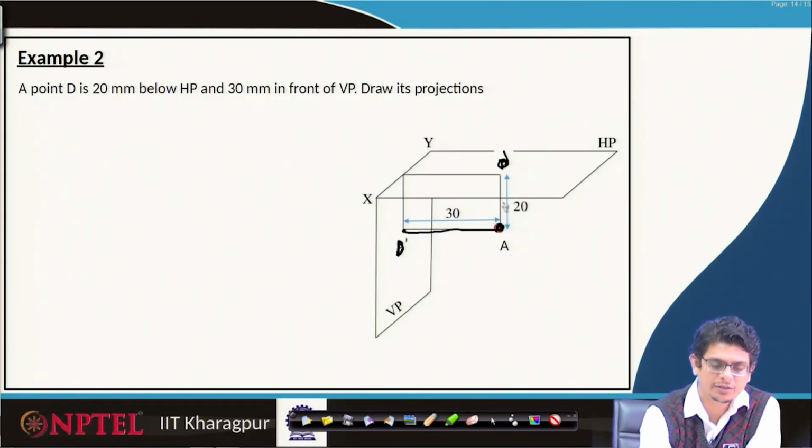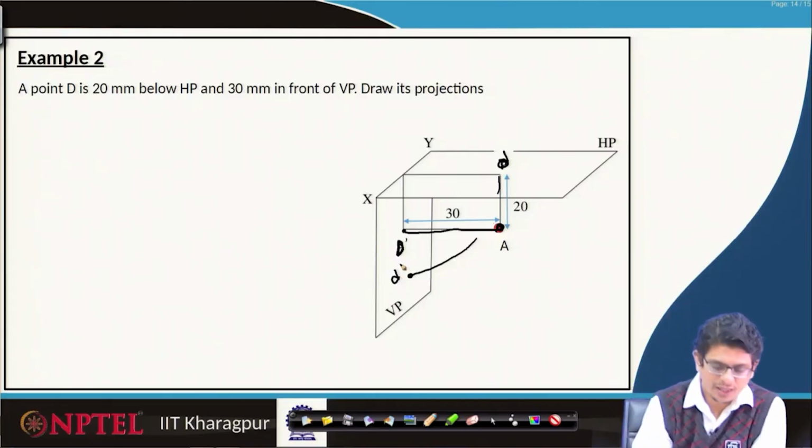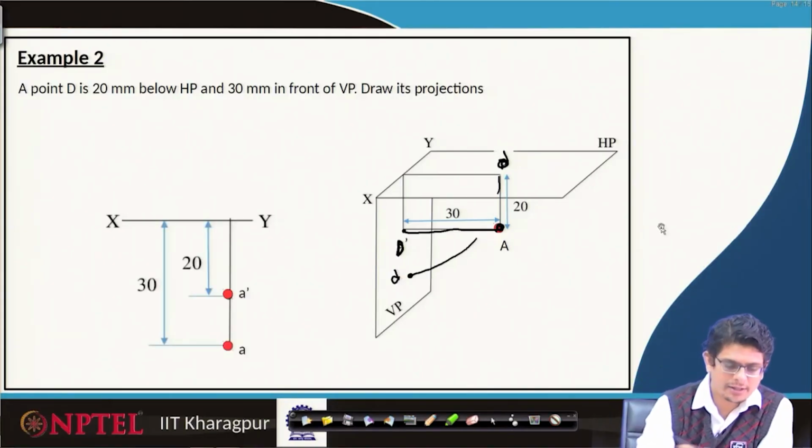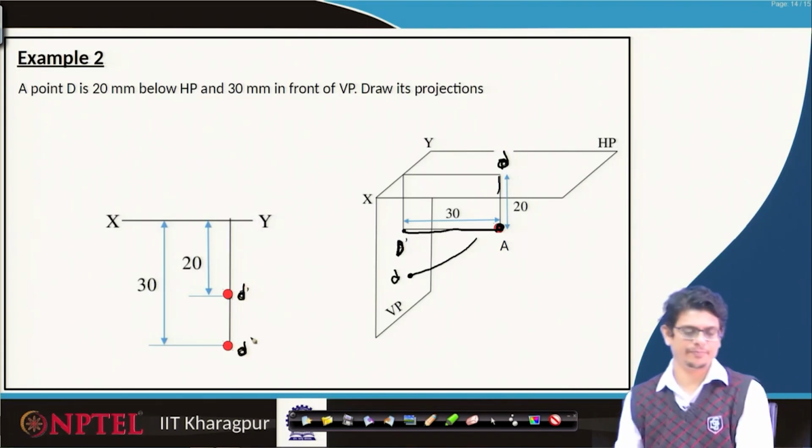So, the projected one we will have by rotation to this point. I am sorry, this is supposed to be d prime and d.